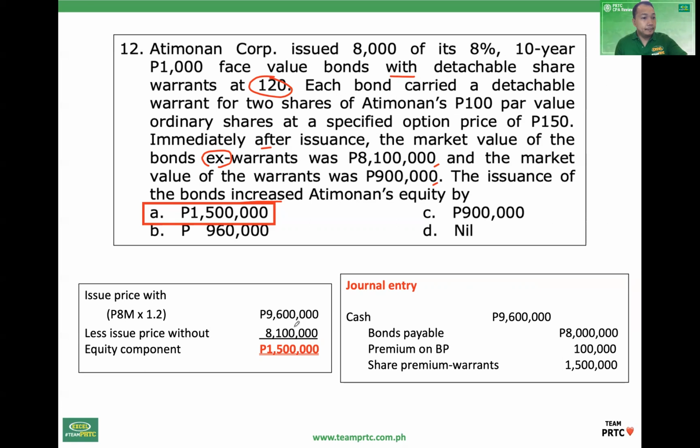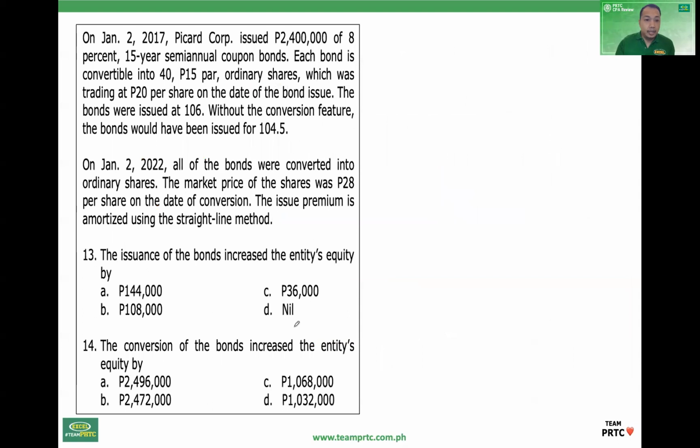Okay, next. Number 13 and 14, convertible bonds. So 13, increase in equity at issuance. 14, at conversion. So eventually convert. So again, how to get the equity component? With minus without.